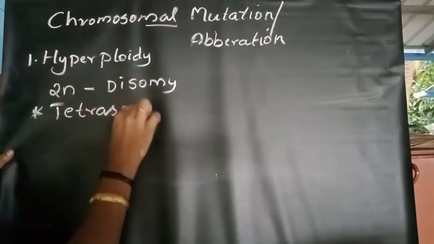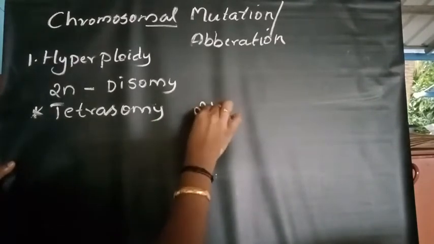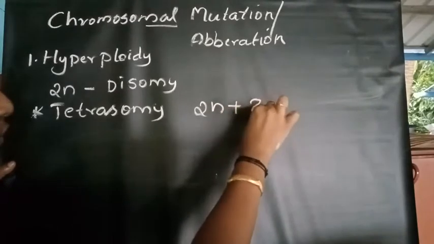Tetrasomy, clearly, means four. It is the addition of a pair, or two individual pairs, of chromosomes. For example, 2n plus 2.